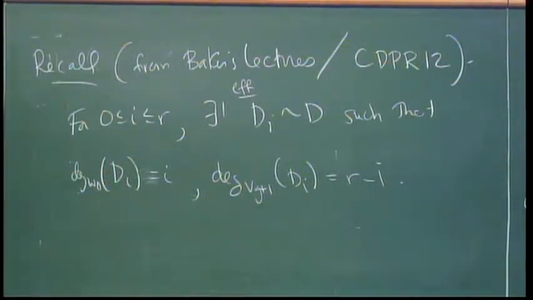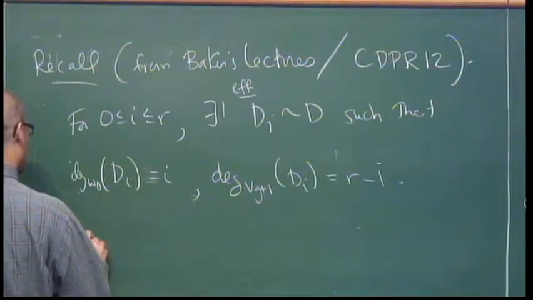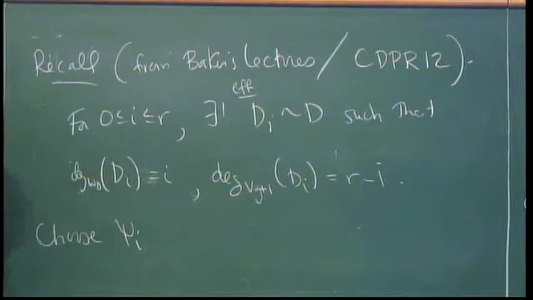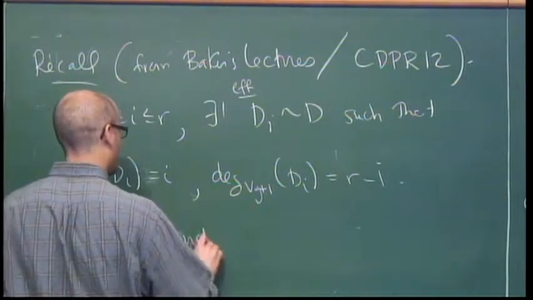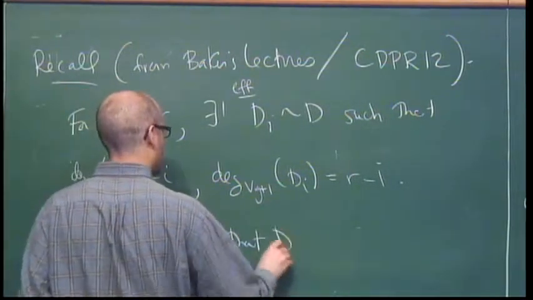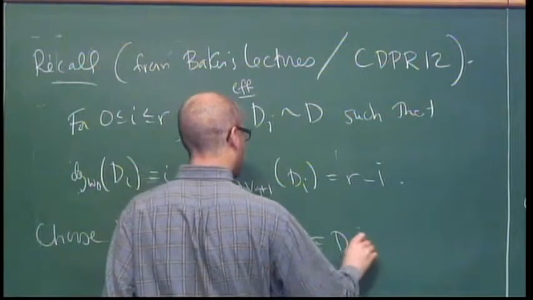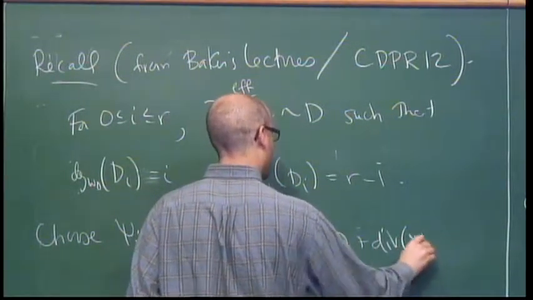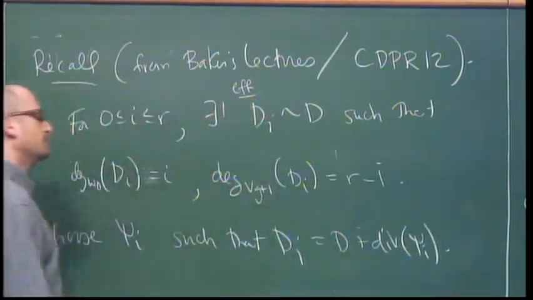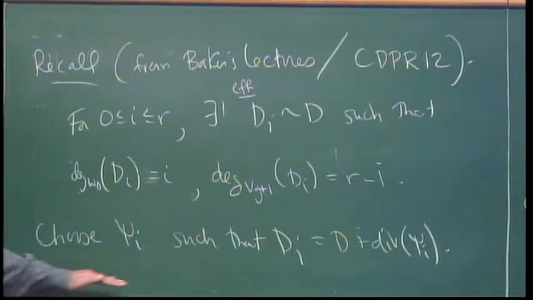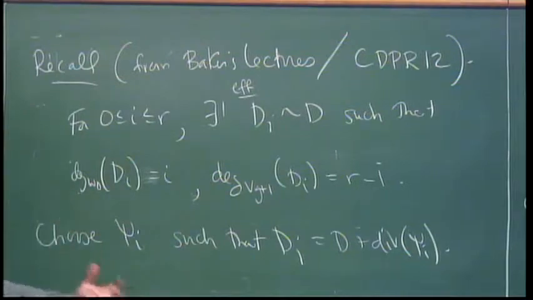Then we can choose psi_i giving this equivalence, such that D_i is equal to D plus the divisor of psi_i. This psi_i is uniquely determined up to an additive constant, and it's completely understood.